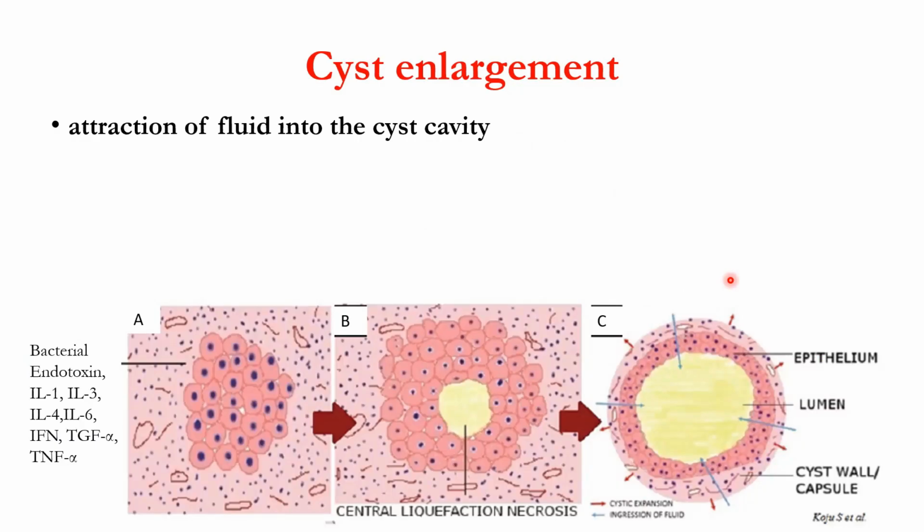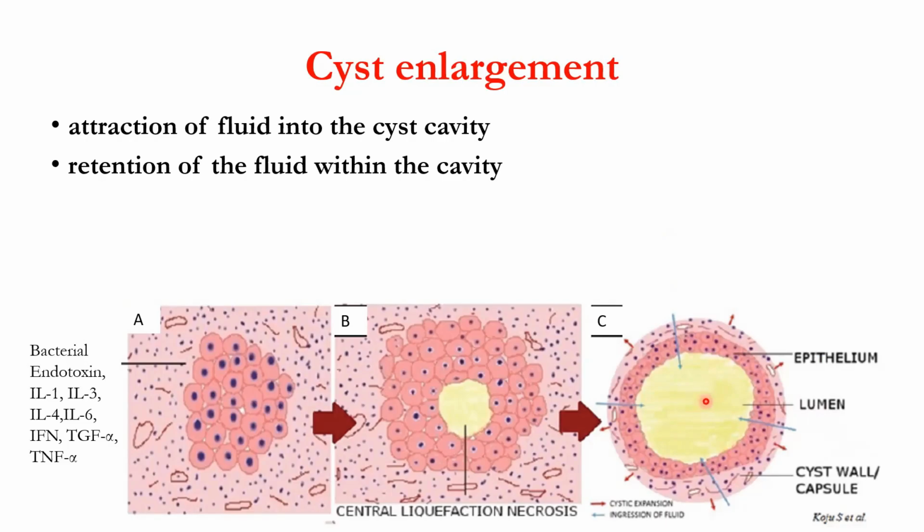So the first explanation is that there is an attraction of fluid into the cystic cavity, that is ingression of fluid. So because of this, the fluid gets retained within the cavity. There are some factors which are responsible for this that we'll discuss later, but remember that there is an influx of fluid and there is a retention of this fluid.